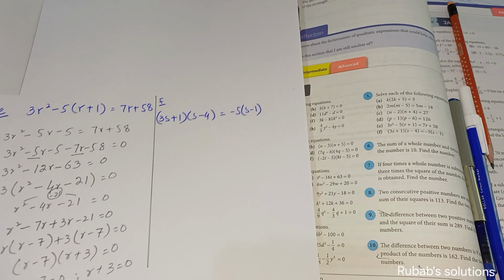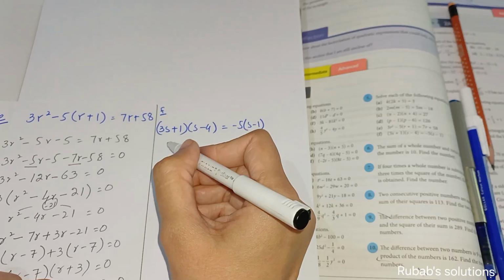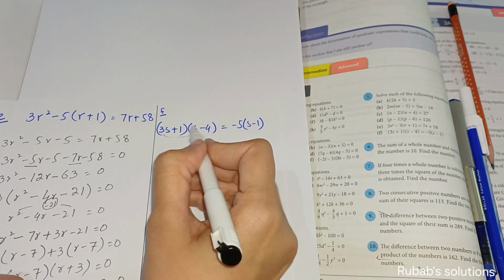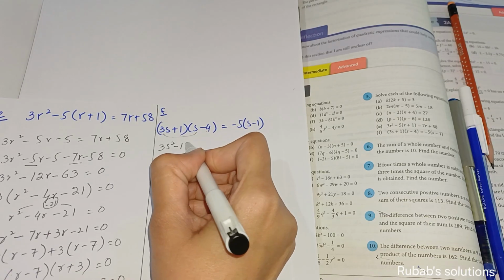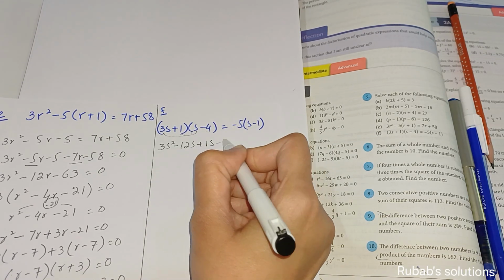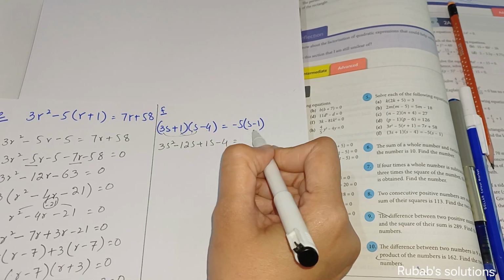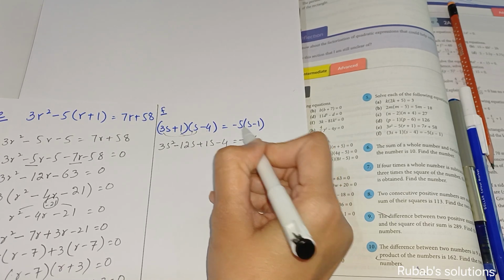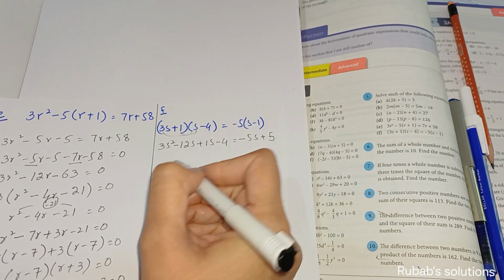Okay, moving towards part F, that is again I have two brackets on one side, so that means I have to multiply. It will become 3s square minus 12s plus 1s minus 4, and on the other side I also have to simplify the bracket, so it will become minus 5s, minus minus will become plus 5. I will shift all the numbers on one side.